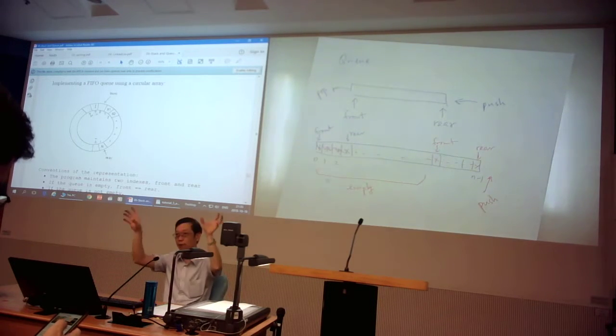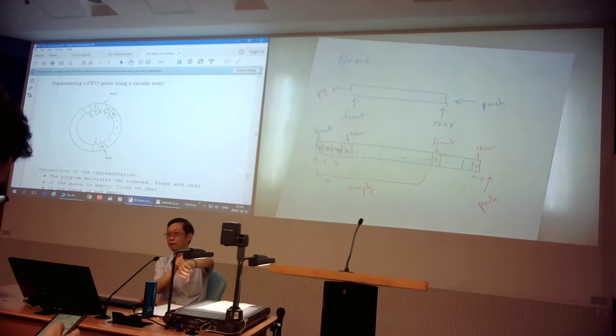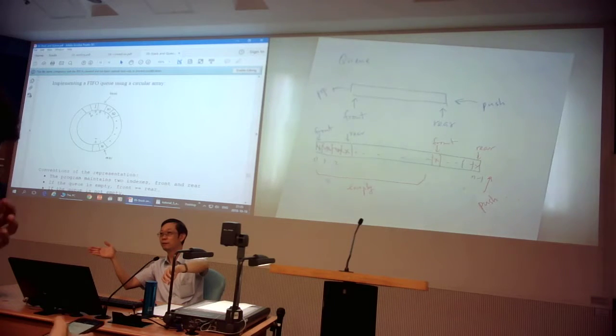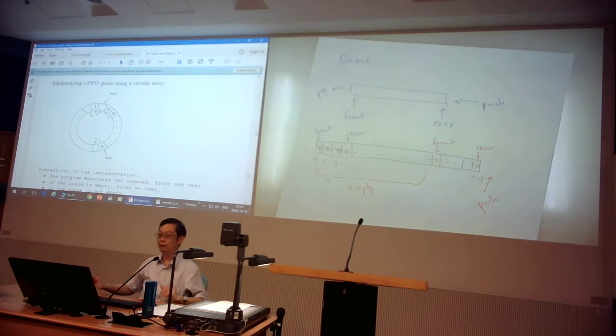So we interpret this array as a ring, just like your watch. When the needle moves to 12, the next movement will be back to 1. Now, if we interpret the array as a circular structure, we need to keep certain conventions.